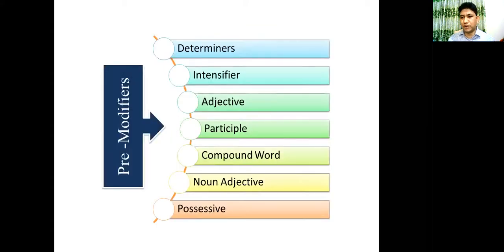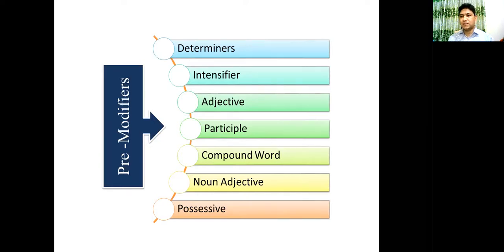Okay, free modifiers. Now the question is, what are the grammatical items that are used as free modifiers?